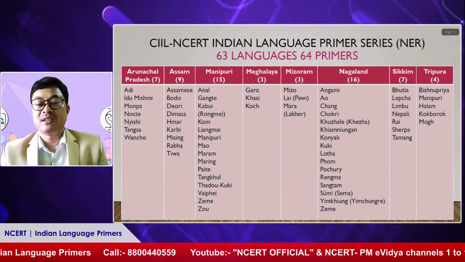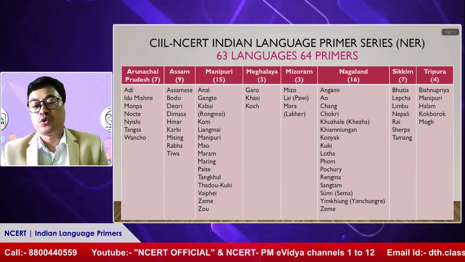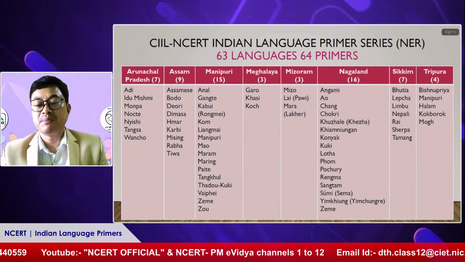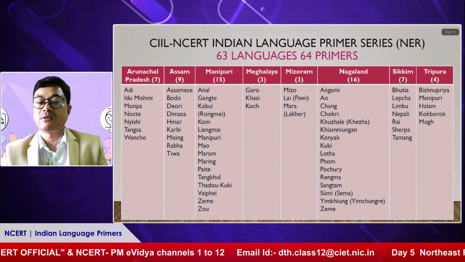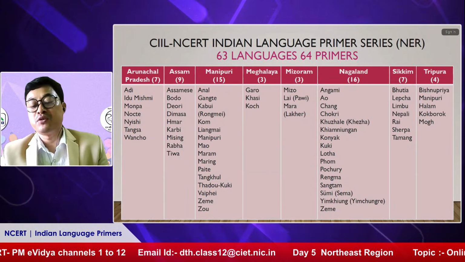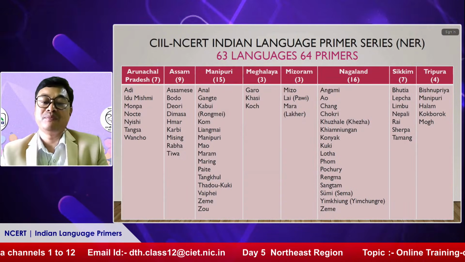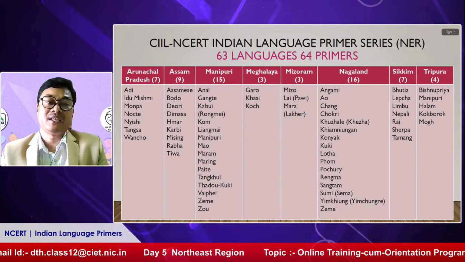You already mentioned this language. Then Kuki, Lotha, Pom, Pochuri, Dengma, Sangtam, Sami. Sami is the name used by themselves; it is recorded as Sema in the Census of India. Again, Yemchung is the name used by the community people, whereas Yemchungre is recorded in the Census of India.